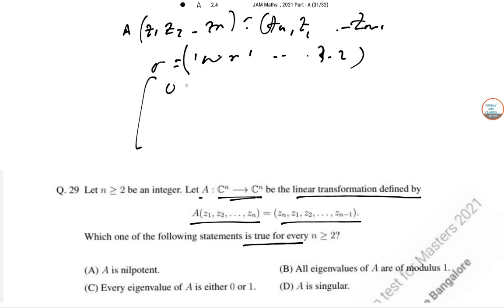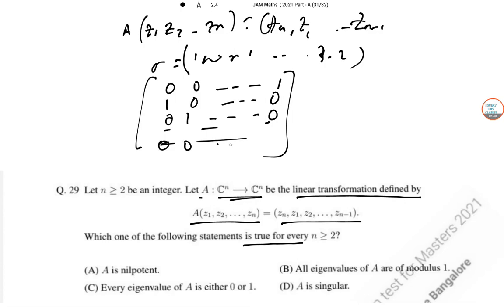So let the matrix have entries 0 0 ... 1, 1 0 ... 0, 0 1 ... 0, and all these other entries 0. So this is the orthogonal matrix.